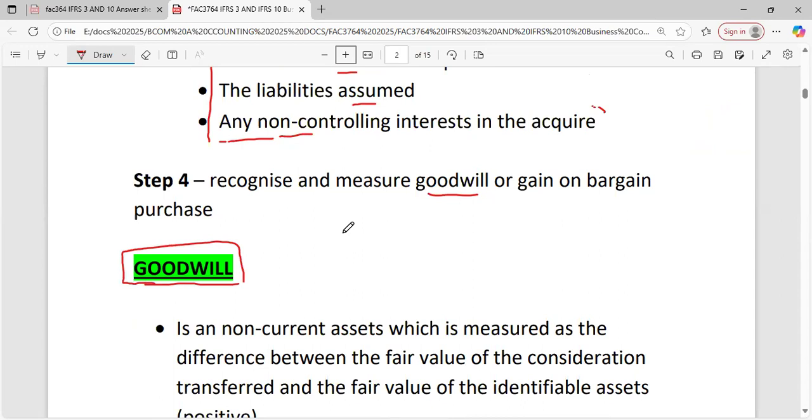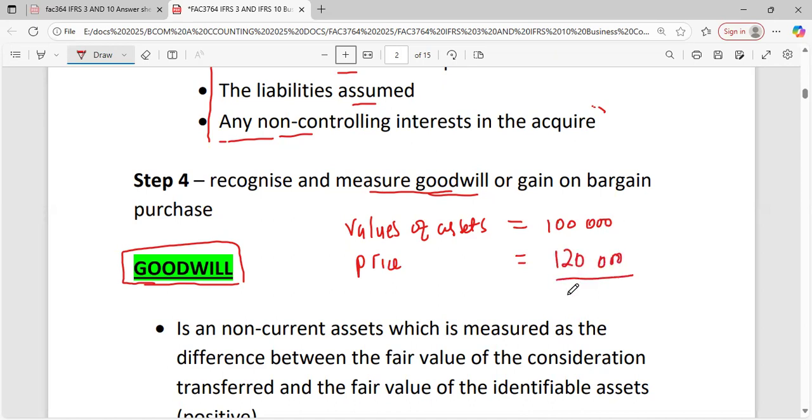So in that case, you should also be able to determine if there is going to be goodwill. You will have goodwill in your questions. Let's say the value of the assets is 100,000, and the purchase price, the price that you are going to pay, is 120,000.